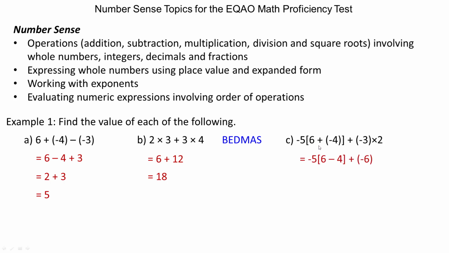So 6 plus negative 4, again, is the same as 6 subtract 4. Negative 3 times 2 is negative 6. Now, 6 minus 4, of course, is 2. So this is negative 5 times 2. And adding negative 6 is the same as subtracting 6. So negative 5 times 2 would be negative 10. Subtract 6 would be negative 16.